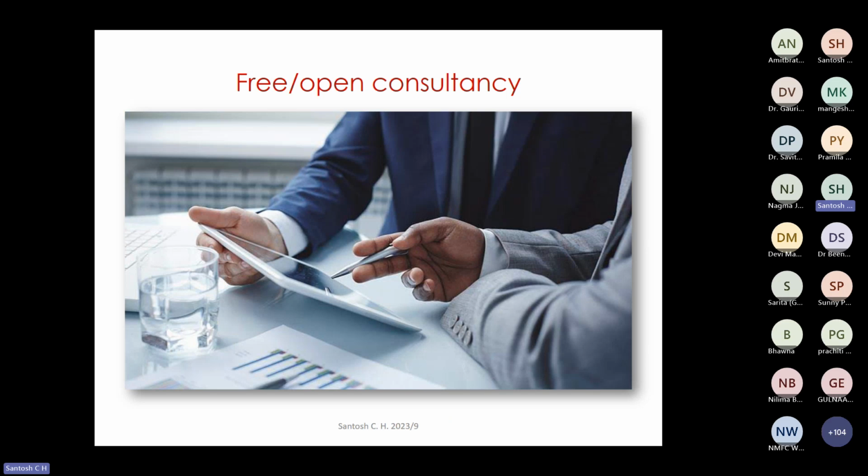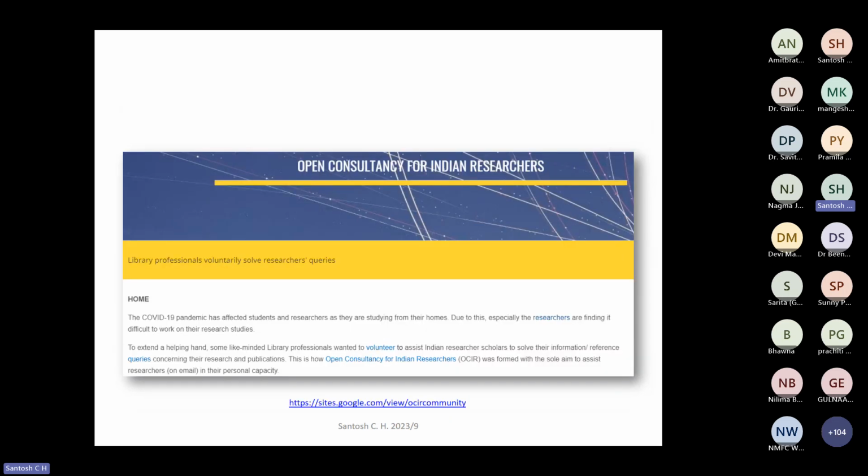Also, friends, involve yourself in free or open consultancy, for whoever requires your expertise or knowledge, because please remember that the more you share, the more you get. That is the fundamental thing. During COVID, all the libraries, research centers and universities were closed.